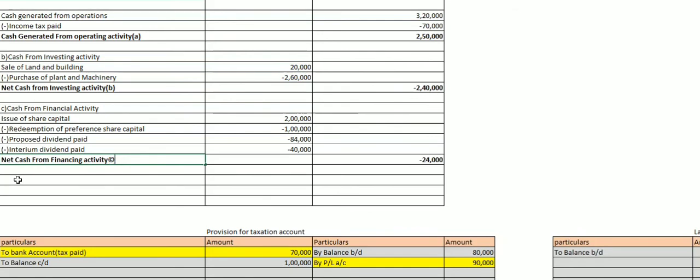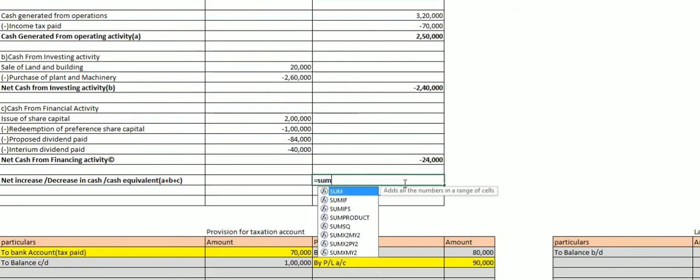So your net cash flow, the net increase or decrease in cash or cash equivalents, is equal to A plus B plus C. You are supposed to add cash flow from operating, cash flow from investing, and cash flow from financing.